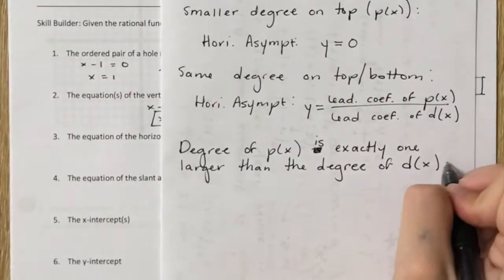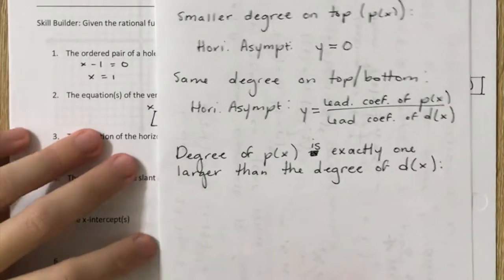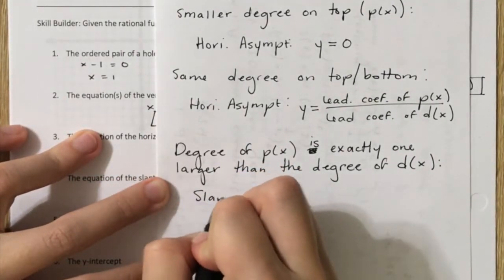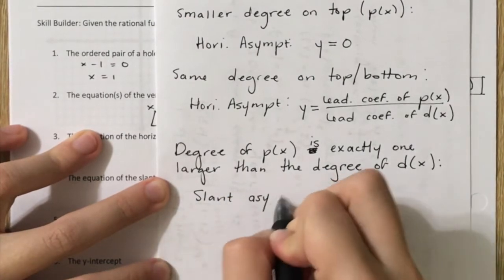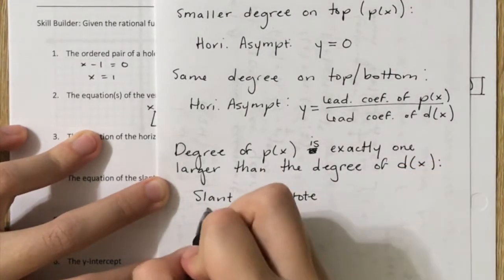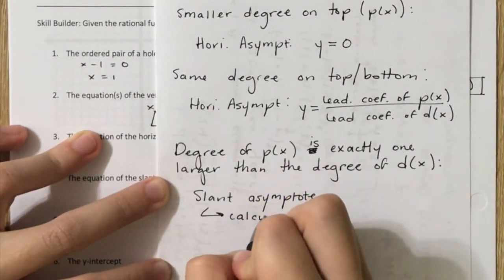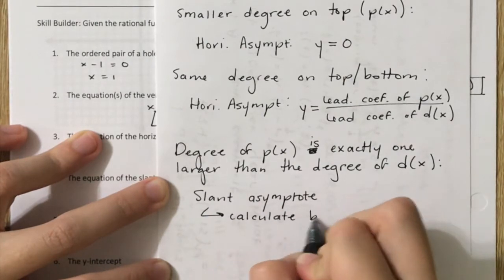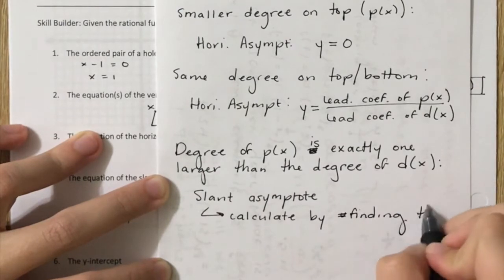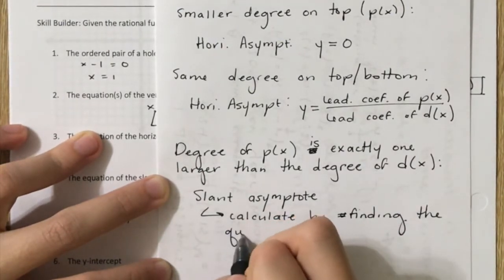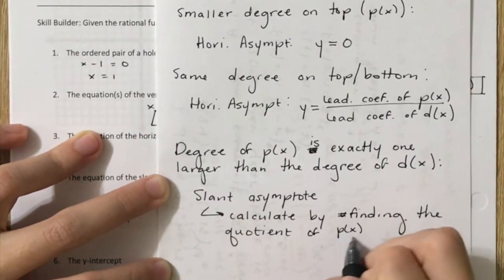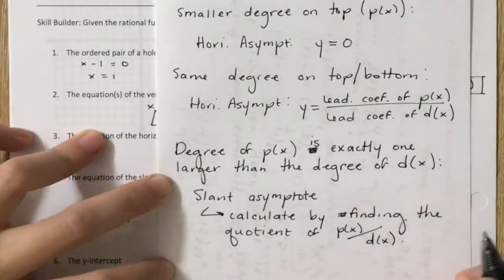Right, so we have exactly 1 larger on top than on the bottom, and that left us with a slant asymptote that we could calculate by finding the quotient of p of x over d of x, and it would give us a line.